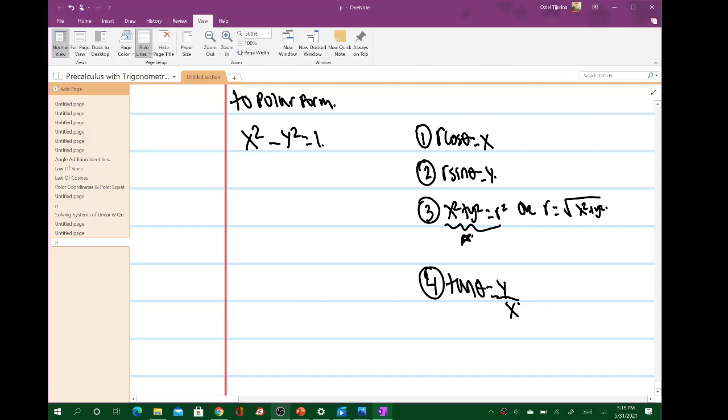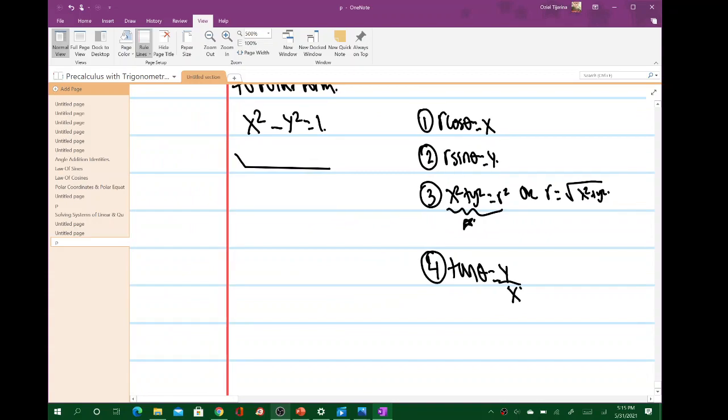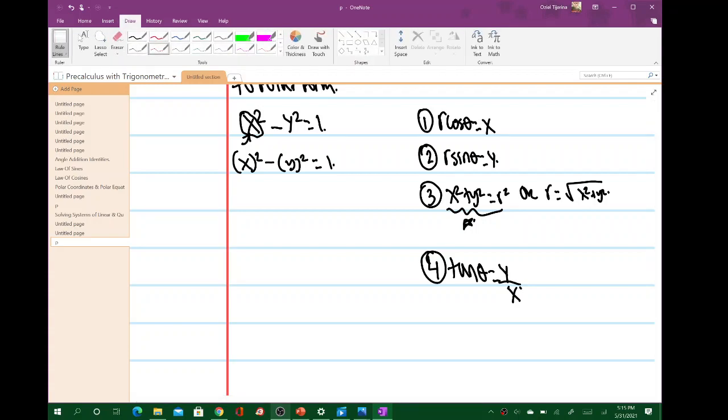So we can rewrite this, and actually, hold on. We can do x squared minus y squared equals 1. Now, we know that x is r cosine theta, right? So we can put that in this equation here. So we can say the following.